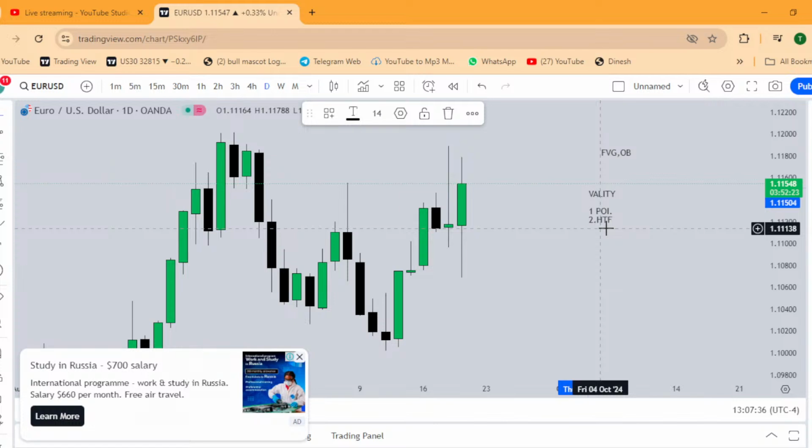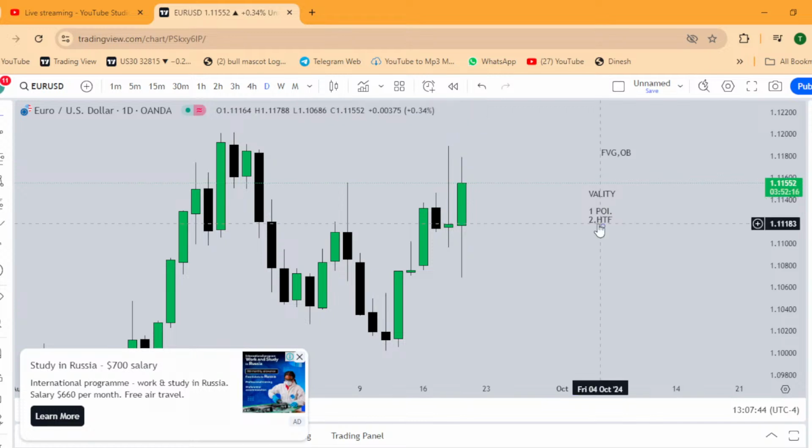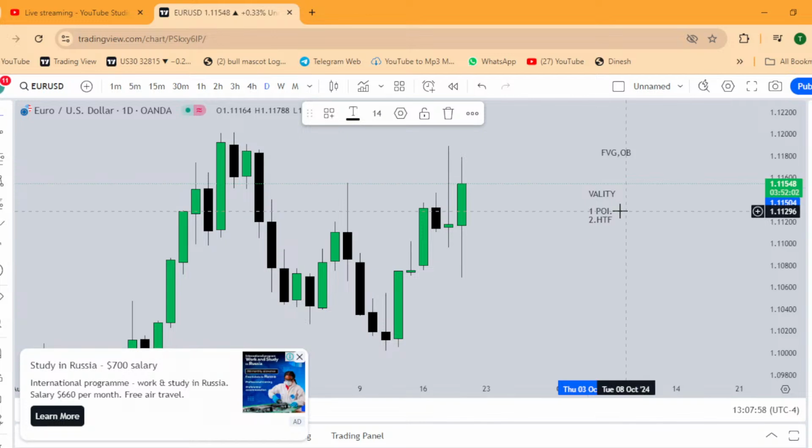Okay, so when you look at these two things, they give us a clue on whether the PD array we have chosen is going to be more acceptable than the other that is existing at that very particular place. So the point of interest is simply liquidity, and this can also be at a higher time frame.